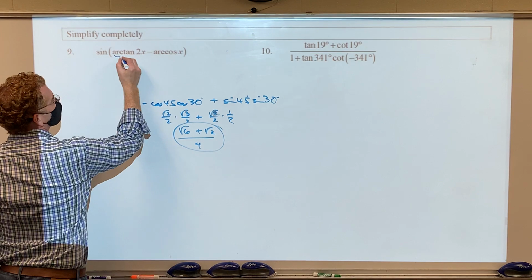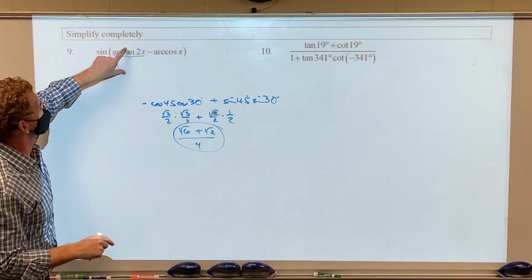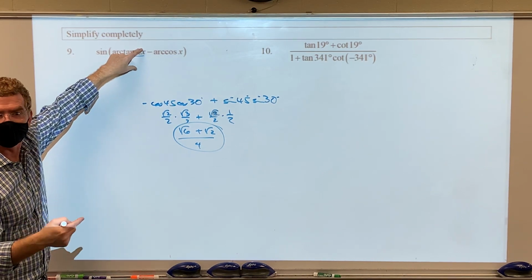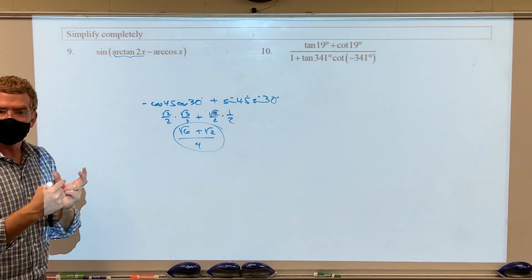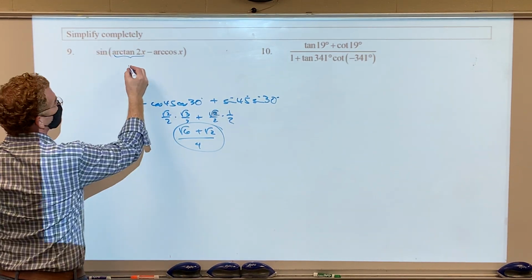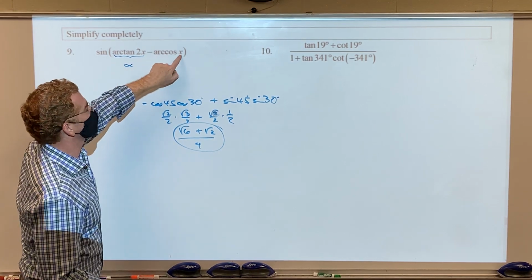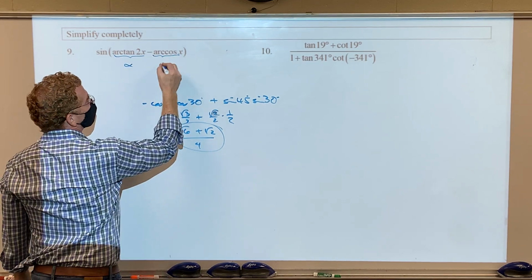What is this? Remember how you sine an angle? What do you inverse tangent? A ratio or a value. And what do you end up with when you do an inverse tangent of a ratio? An angle. So this is really an angle. What happens when you inverse cosine a value? You get another angle.